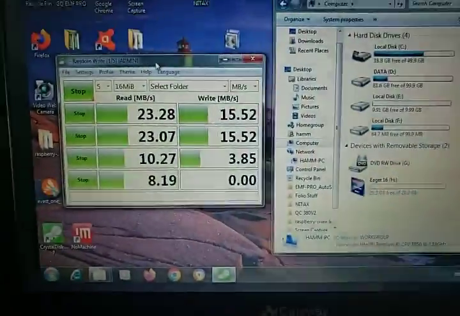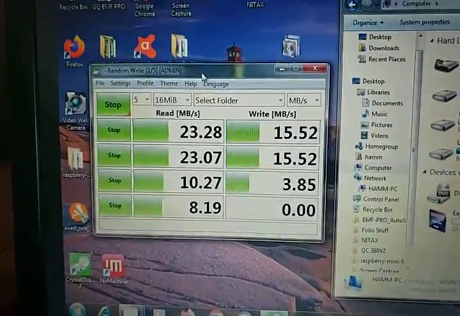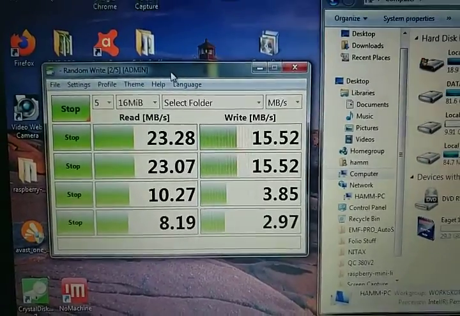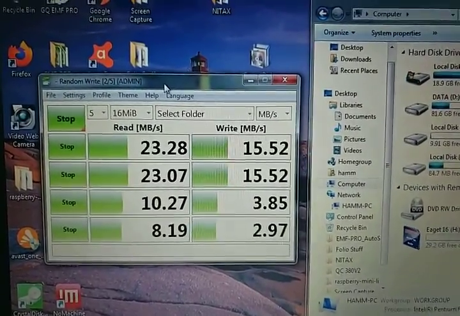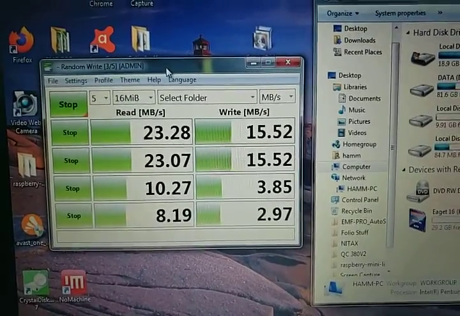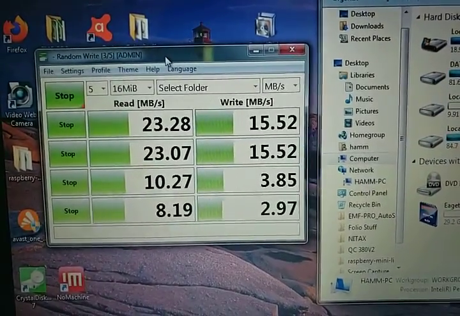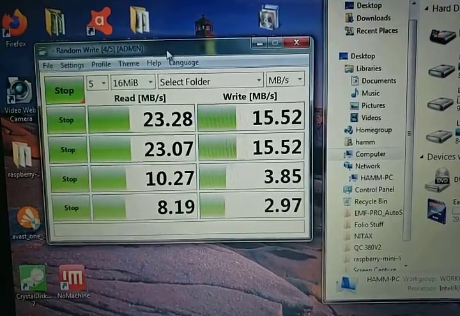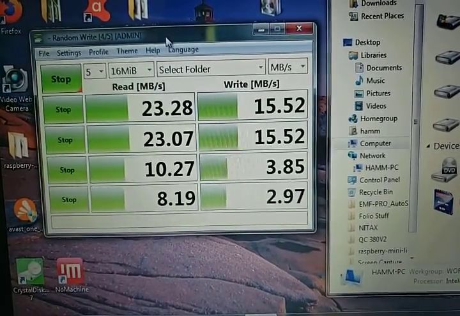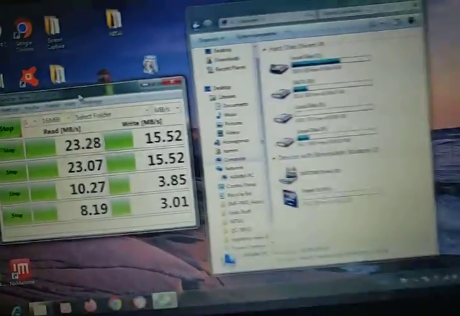Okay, going back to our test of one of the cards that is good. Well, it was not good, but I could reformat the card at least. It's showing 23, which is a little higher speed in read, and write is a little more than half of it. So this is the situation.